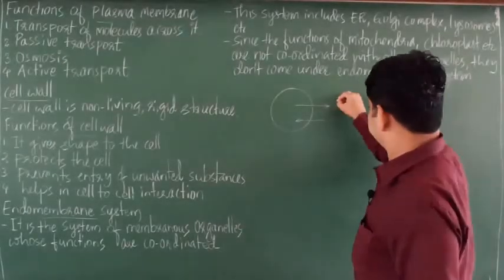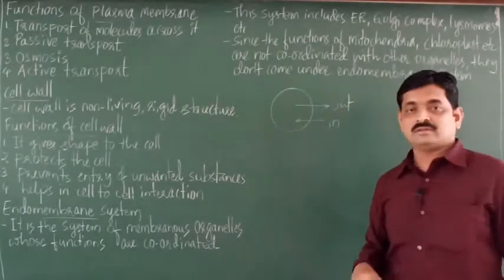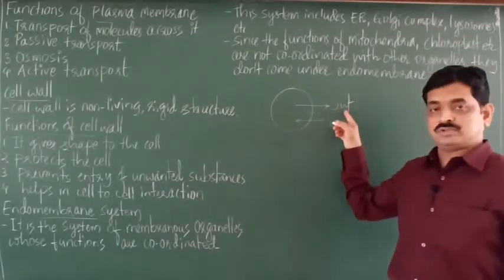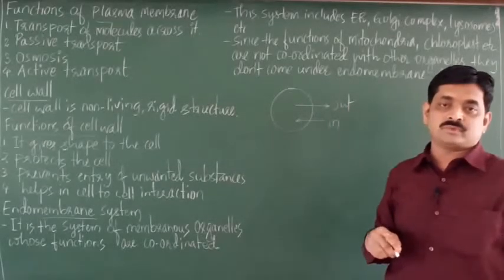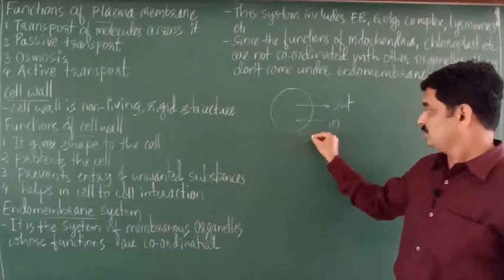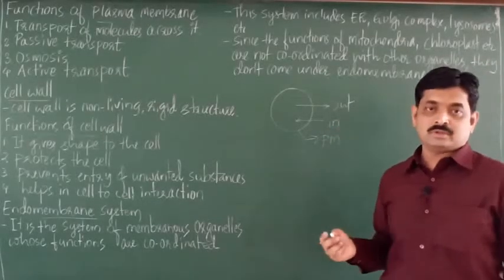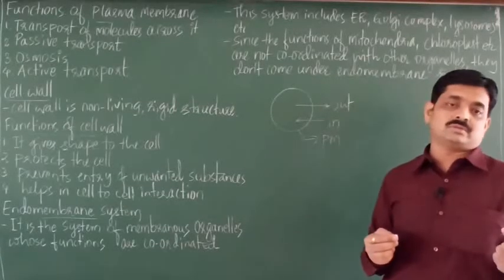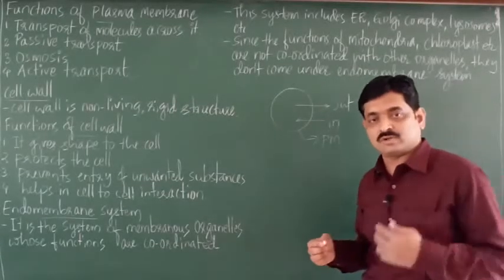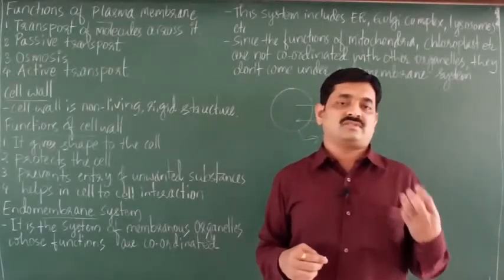So this is out and this is in. So in and out movement of substances takes place through the plasma membrane. Now this transport of biomolecules or substances is by different processes.